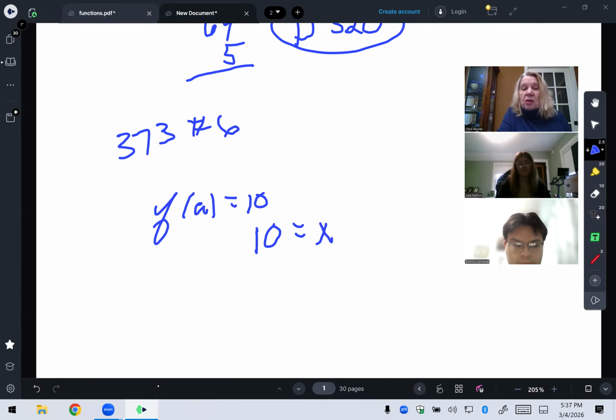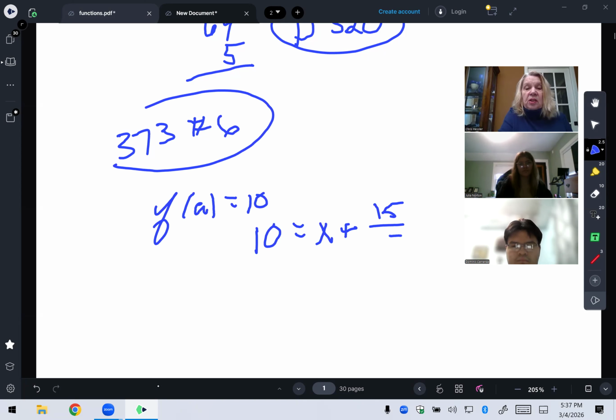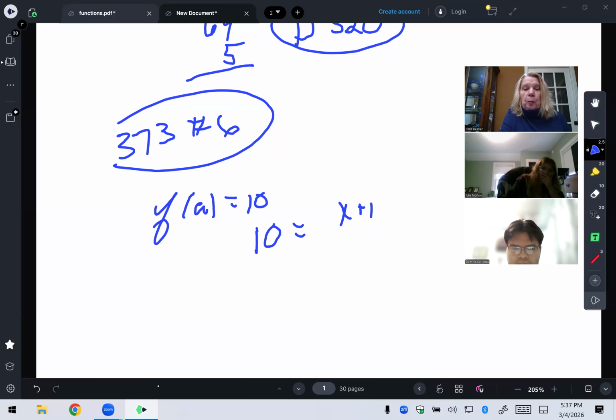So 10 equals, there's about 8 questions from the test on this. So we know that's a 5, sorry. I'm on 373, trying number 6. That's x plus 15 over 5. Oh, I'm sorry. Yeah. So we'll multiply both sides by 5.